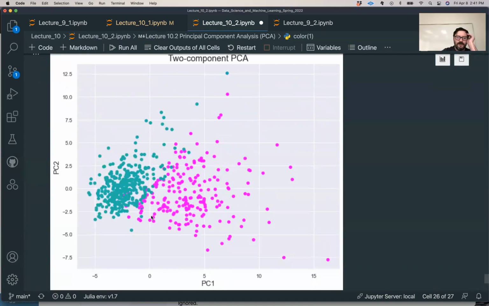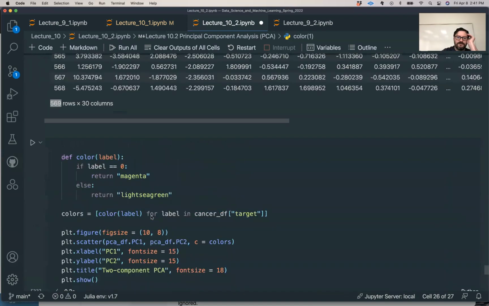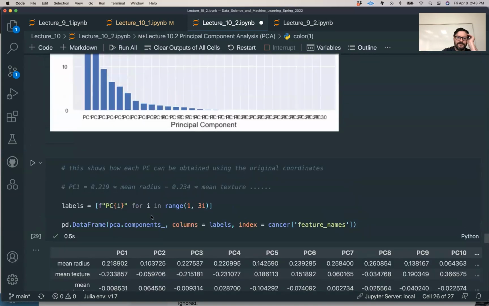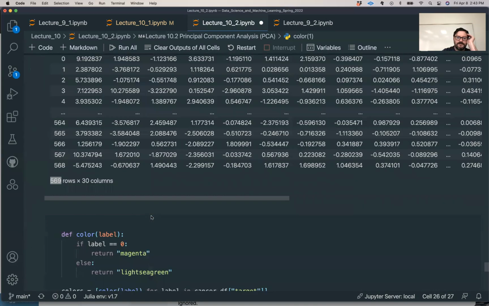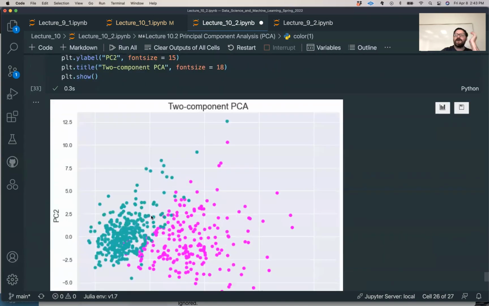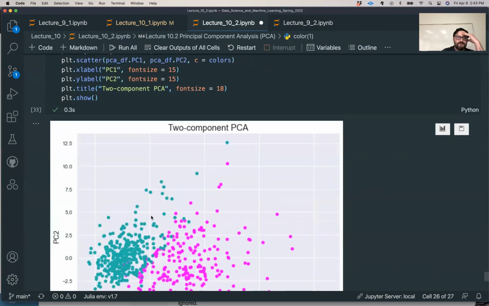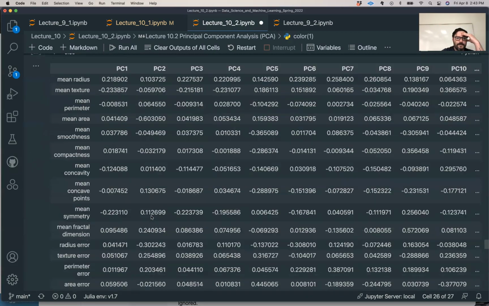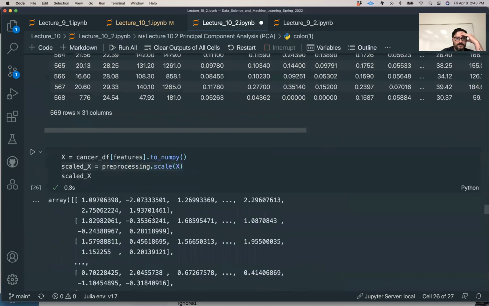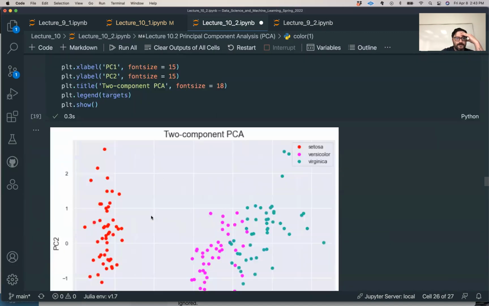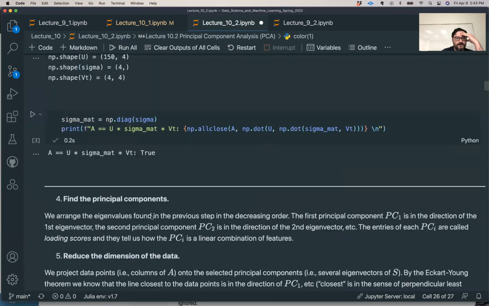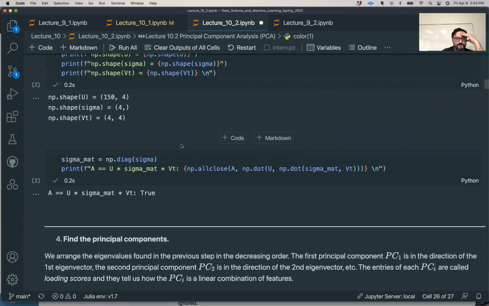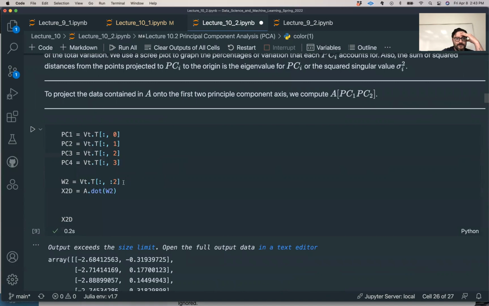Okay. I would like to mention one more thing just before we finish for the day. This factorization, this SVD, can be used in data compression as well. So coming back up here, what did we do here?